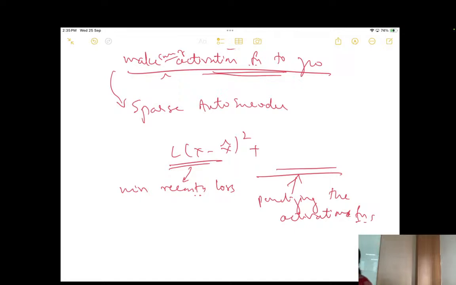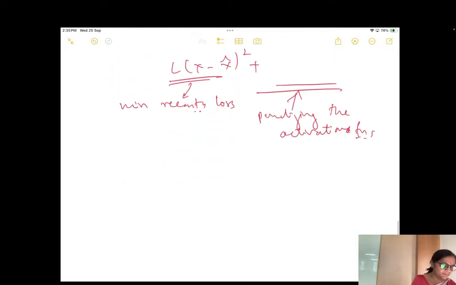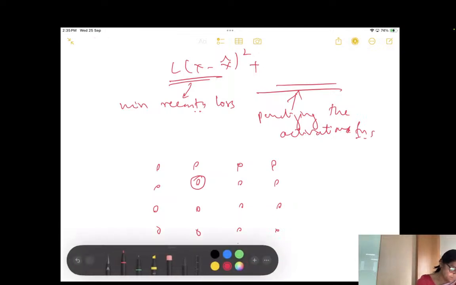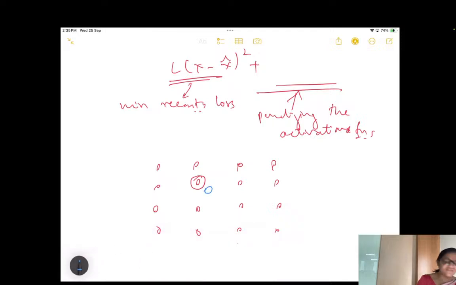In the layer, instead of weights being 0, you have activations becoming 0. When the activations themselves become 0, for example, I am just writing some random network. If I make this activation 0, then whatever input is coming to this particular node, all becomes 0.